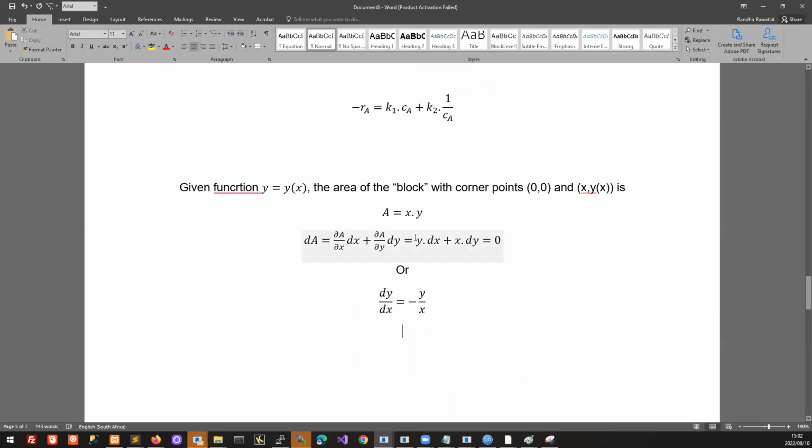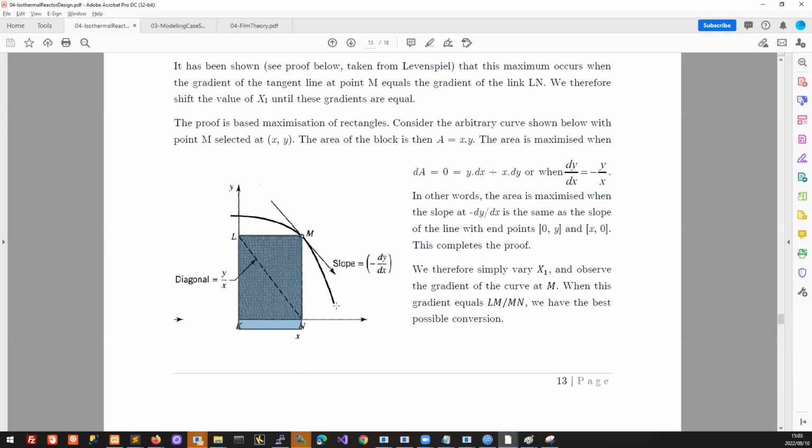Right, so if you look at this part, you can see if you take, for example, x dy on the other side, and then you take dy dx, then you're going to have to divide by x on both sides, and you'll get y over x. So you'll get that form. Right, and if you look at this, this is nothing but the tangent, which looks like that, right?